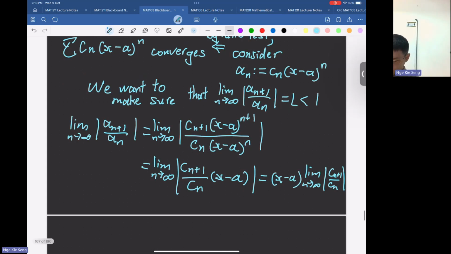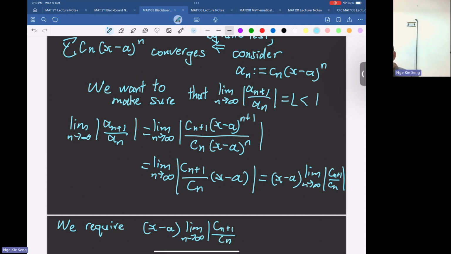And we require that x minus a times this limit is equal to L, such that this L is less than 1.